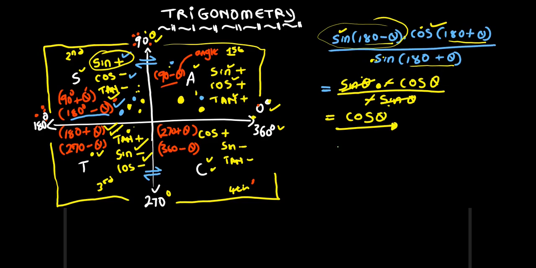Now there's something else that I would like to show you. When we have 90 degrees and 270, we have to do what we call change to cofunction.